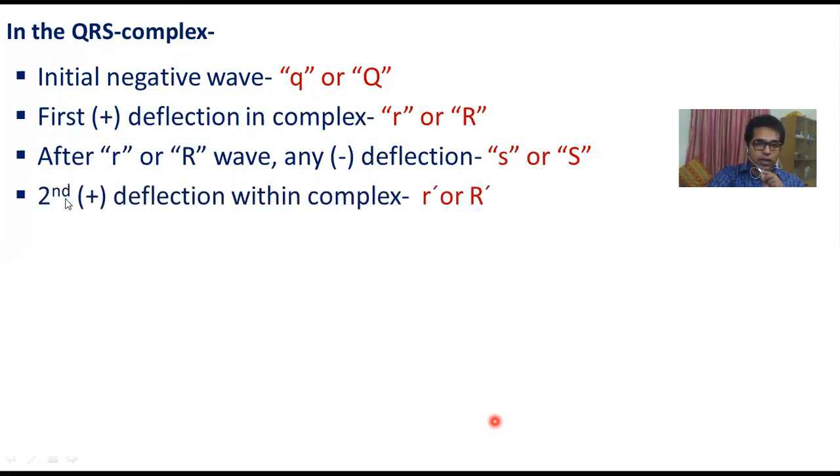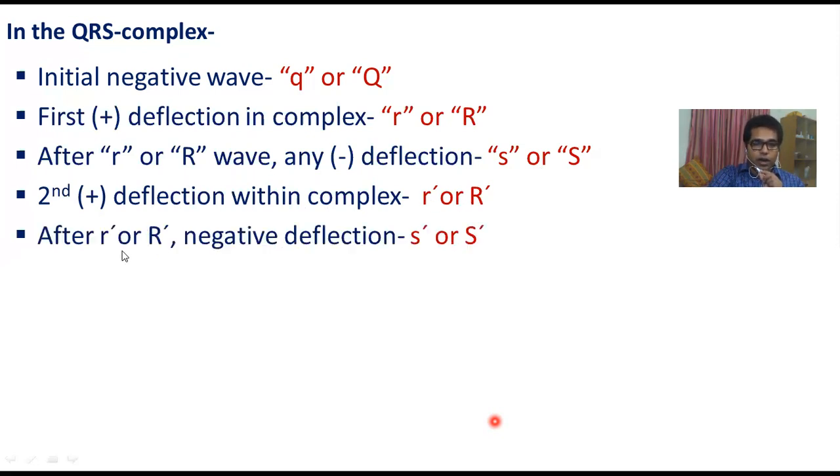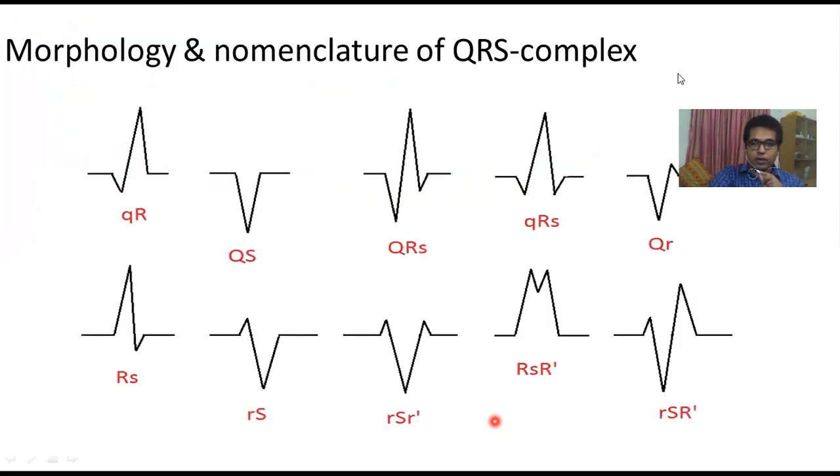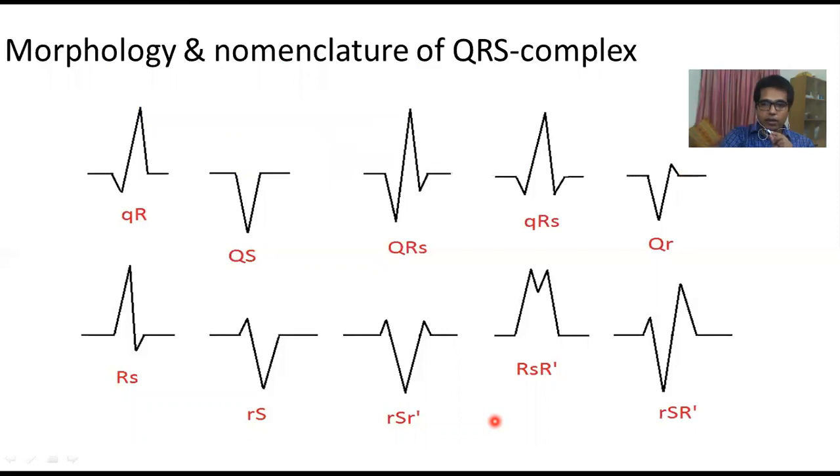If there is a second positive deflection within the complex, it is expressed as R prime, and after the R prime, any negative deflection is called S prime.